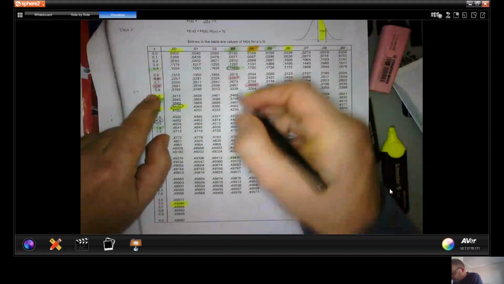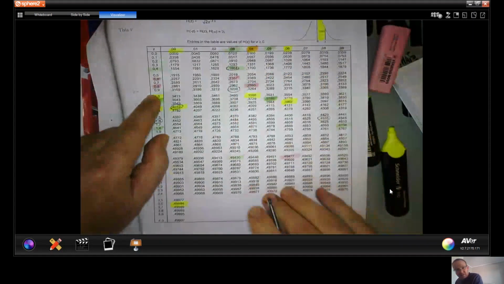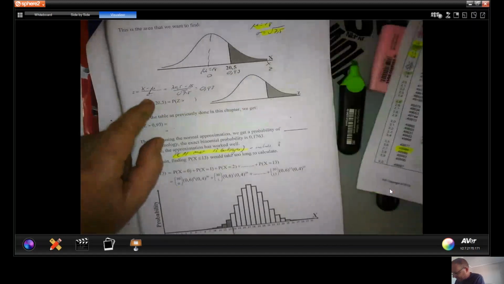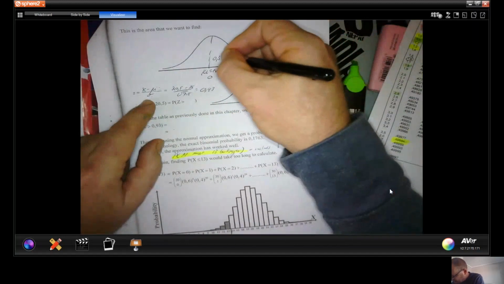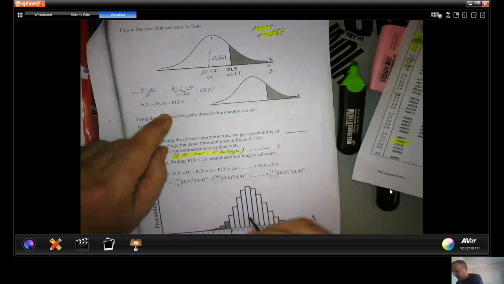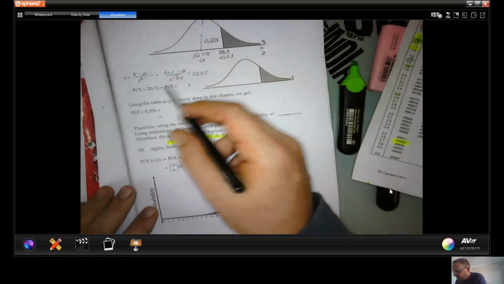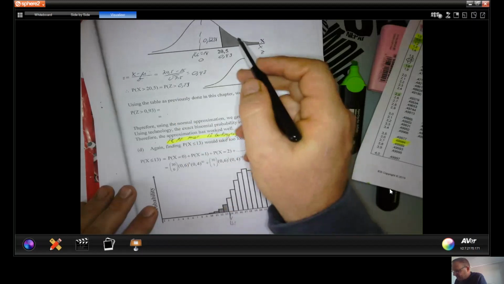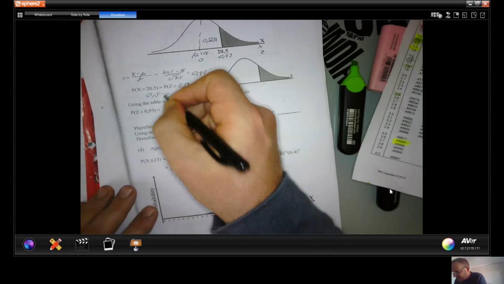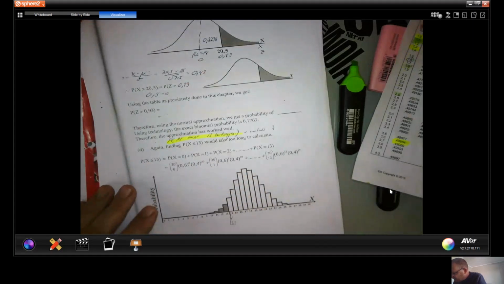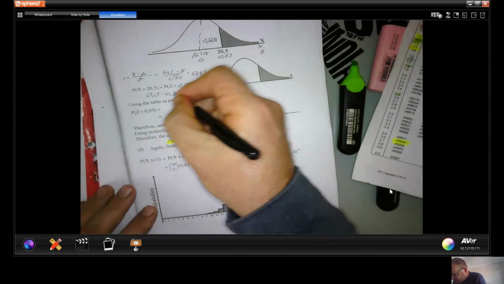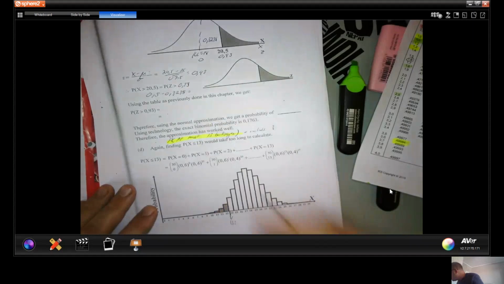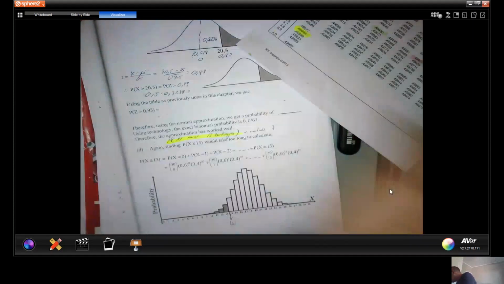If you go look up a Z score of 0.93, 0.93 is over here. It's 0.3238. So in other words, this area here is 0.3238. So the probability that X is bigger than 20.5, or the Z score is bigger than 0.93, is going to be 0.5 minus 0.3238, which is equal to 0.1762.